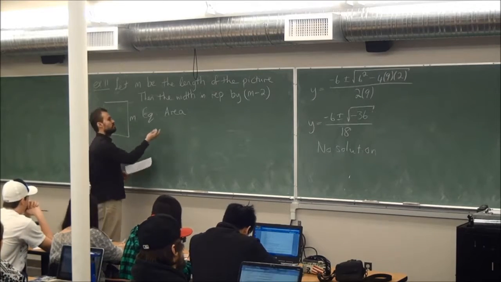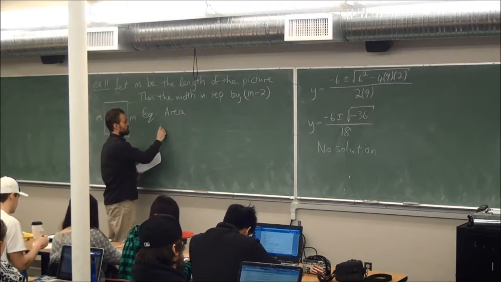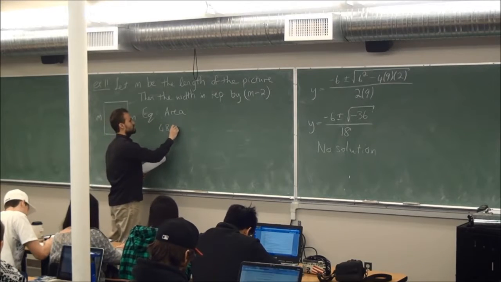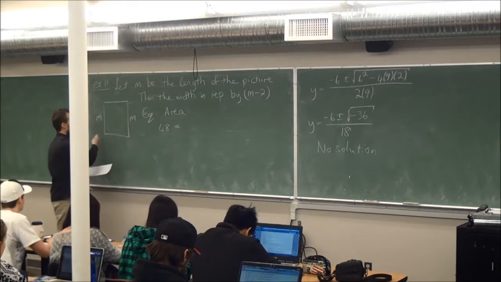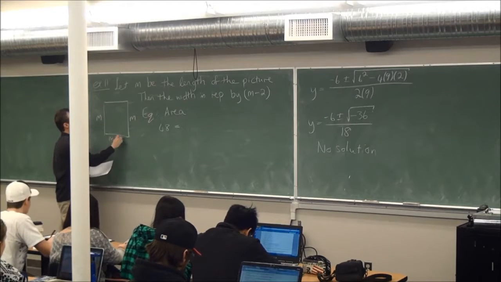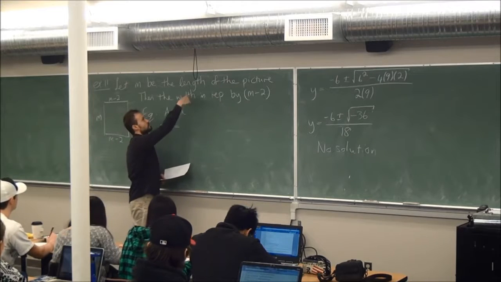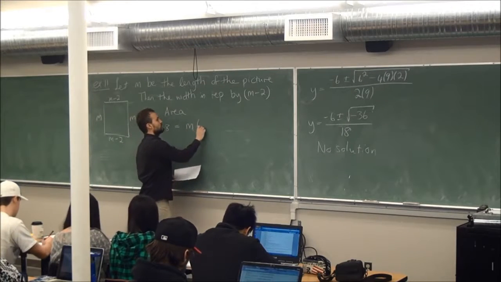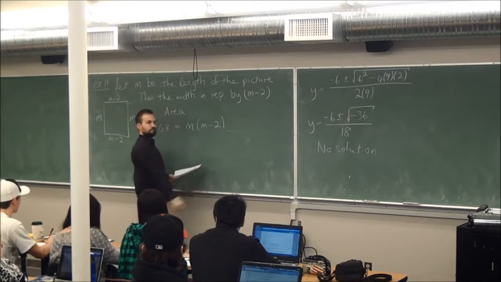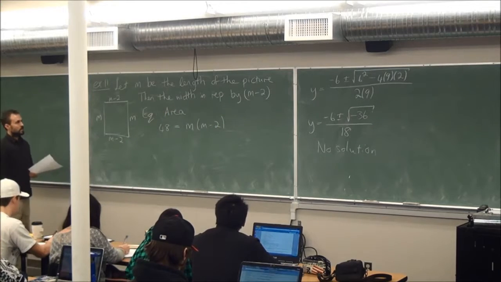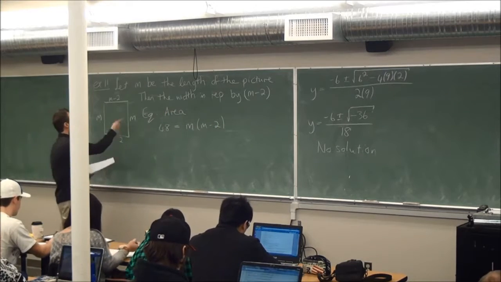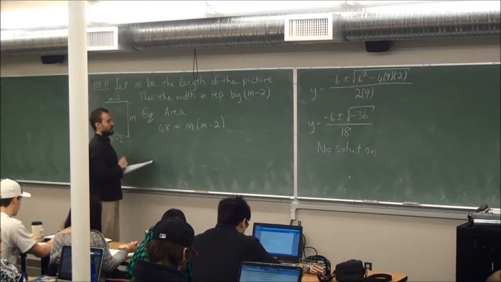The information they give me is that the area equals 48 square inches. How do I calculate the area? Well, this is m, and this is m minus 2. So the area using my variable is m times m minus 2. Whatever m is, it has to give me an area of 48.